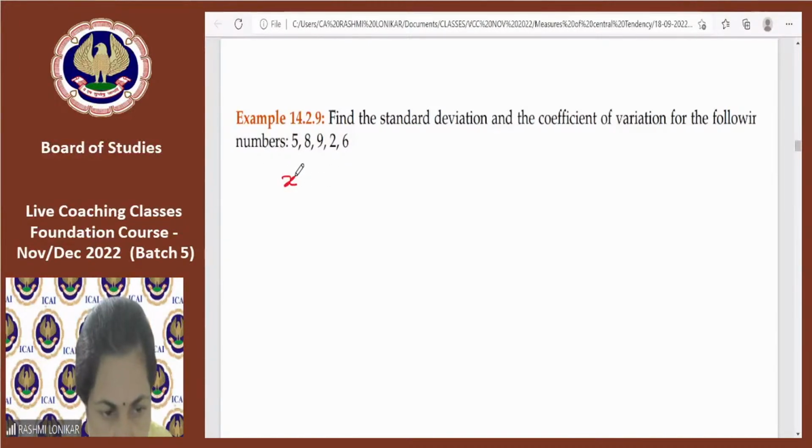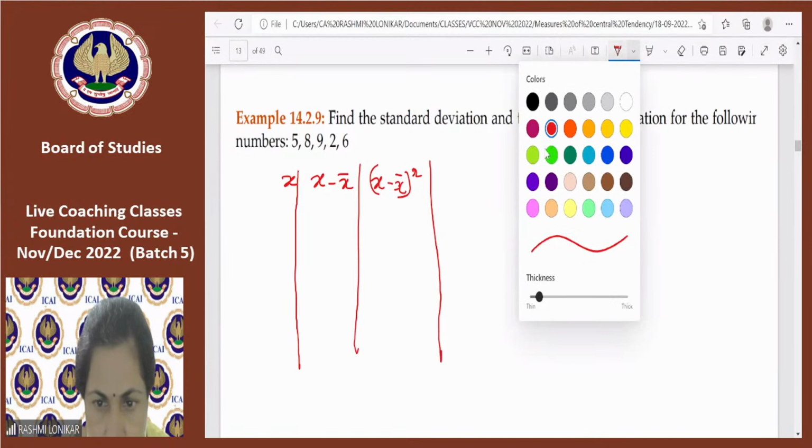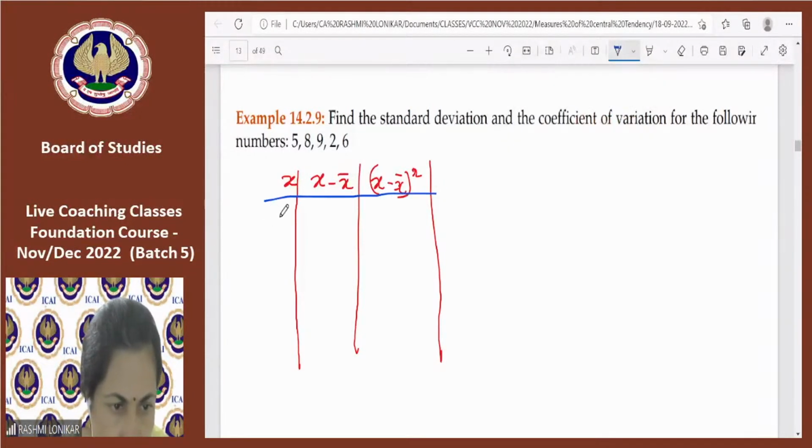I write down the value of x, then the value of x minus x bar, and then the value of x minus x bar whole square.